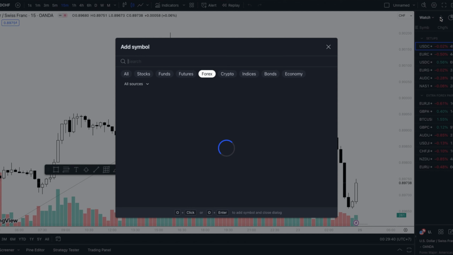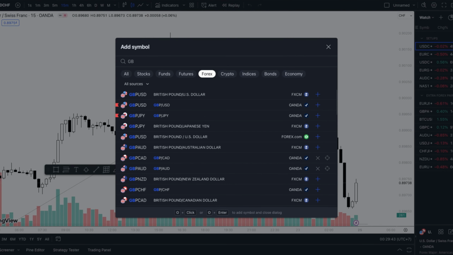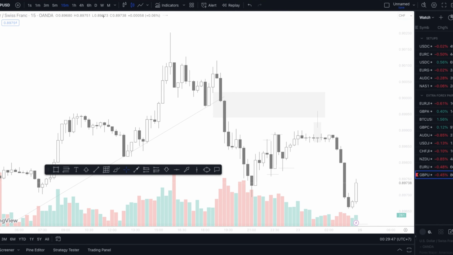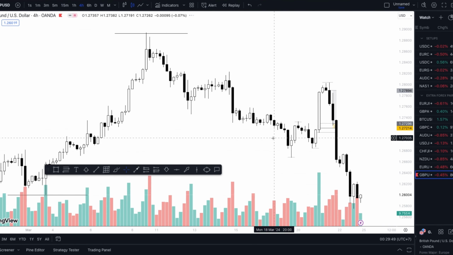If we look at the banks, since they're more long term, we can see that for the British pound, the banks are more short in the long term. Let me go to GBP USD real quick. So they're short on the long term.